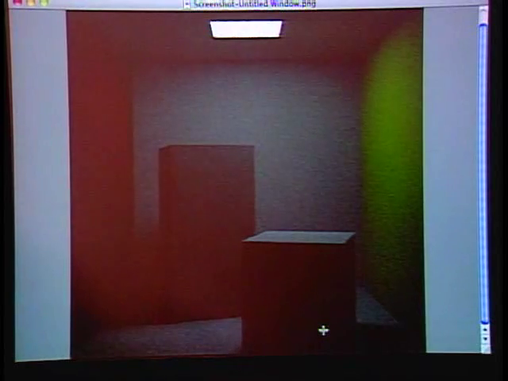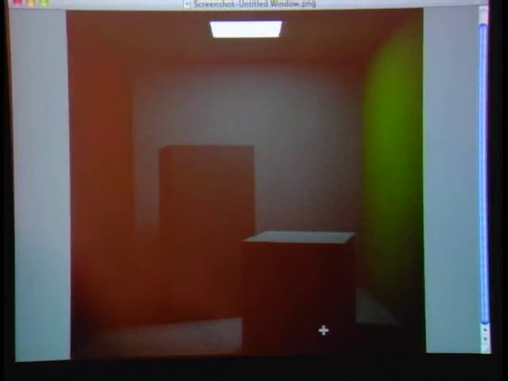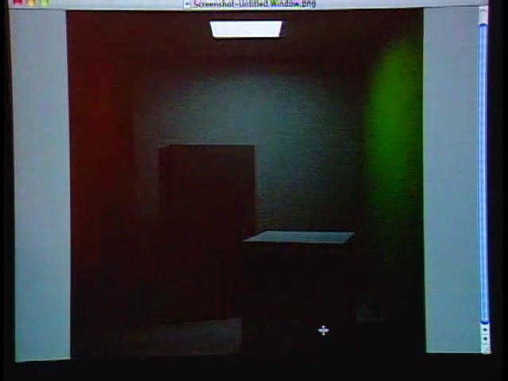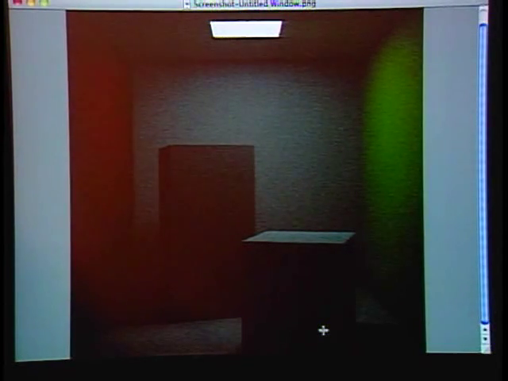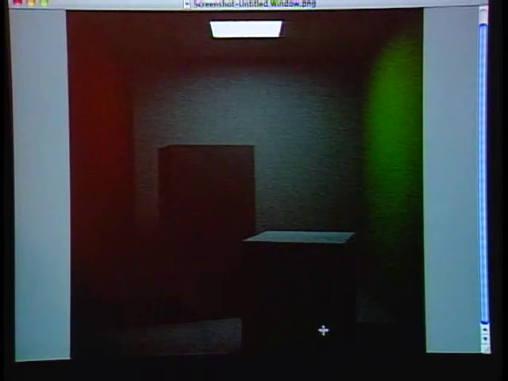So I did bidirectional ray tracing, but I put it on the GPU, so I did it with CUDA. It's pretty much the same algorithm you guys have been hearing. I did have some problems, though. I'll show that on the next image. But I was able to render this one in around 5 to 10 seconds, so it was pretty fast.